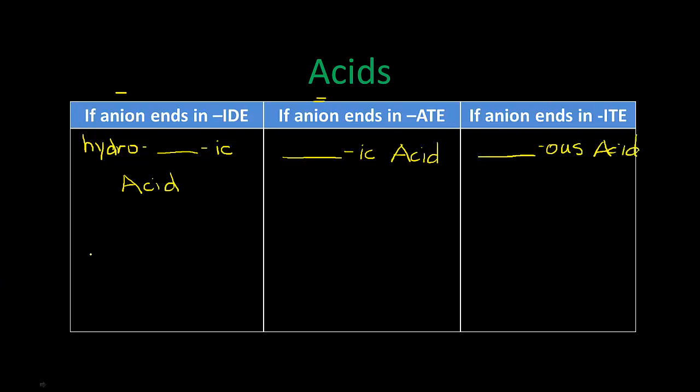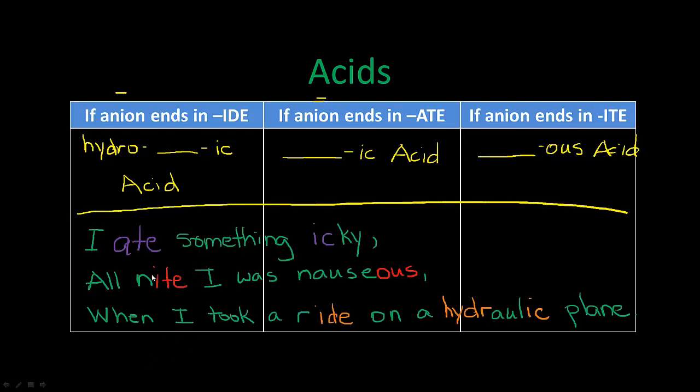A way you can remember this, because this is hard to remember, I know. You're not used to it. A good way to remember this is: I ate something icky, all night I was nauseous, when I took a ride on a hydraulic plane. So if you notice here, ate and ic go together. If it ends in ate, you're going to change the ending to ic.